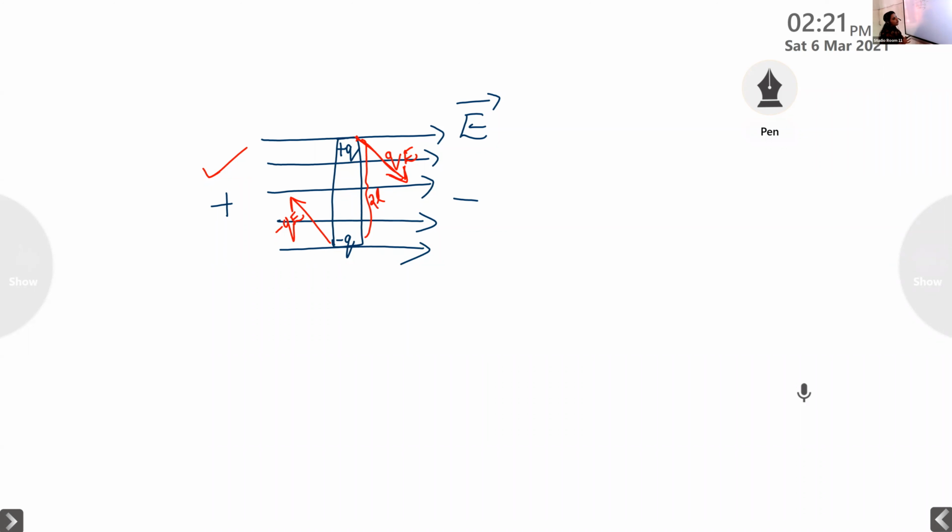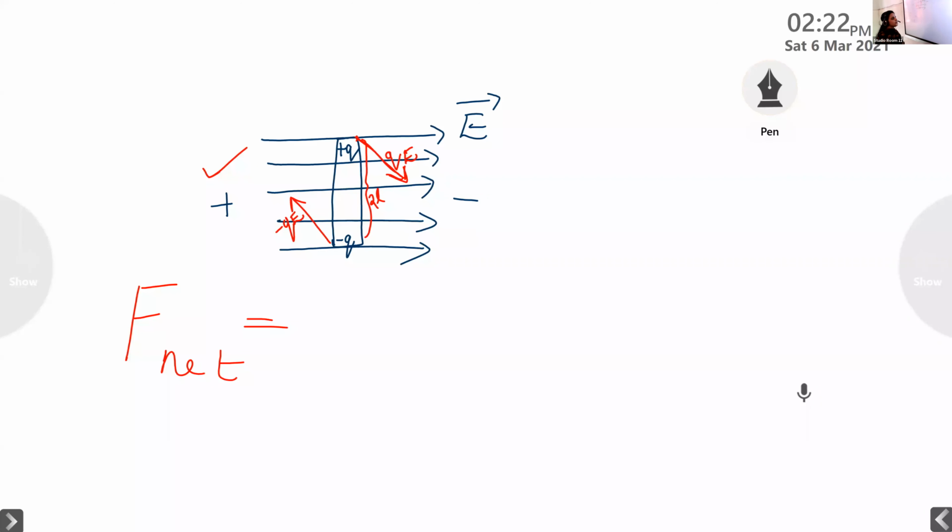Then, children, what about the net force experienced by this dipole? What is the net force experienced by the dipole according to the superposition principle? Can you recall it?